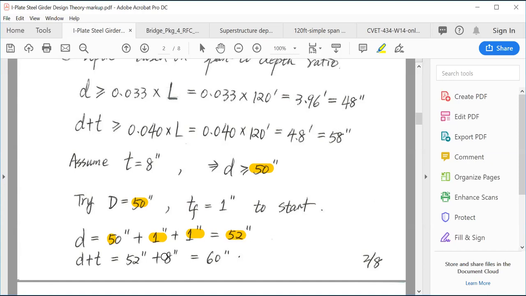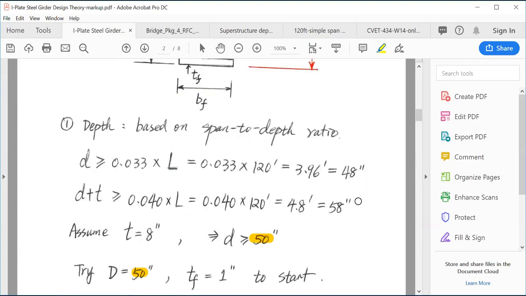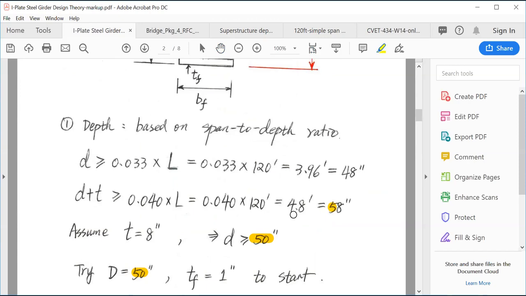After that, I check the total composite section, which is D plus T, where T is the concrete deck thickness. So we get D plus T equals 60 inches, which meets the requirement of 58. So both the steel section D and the composite section D plus T meet the requirement of depth to span ratio.